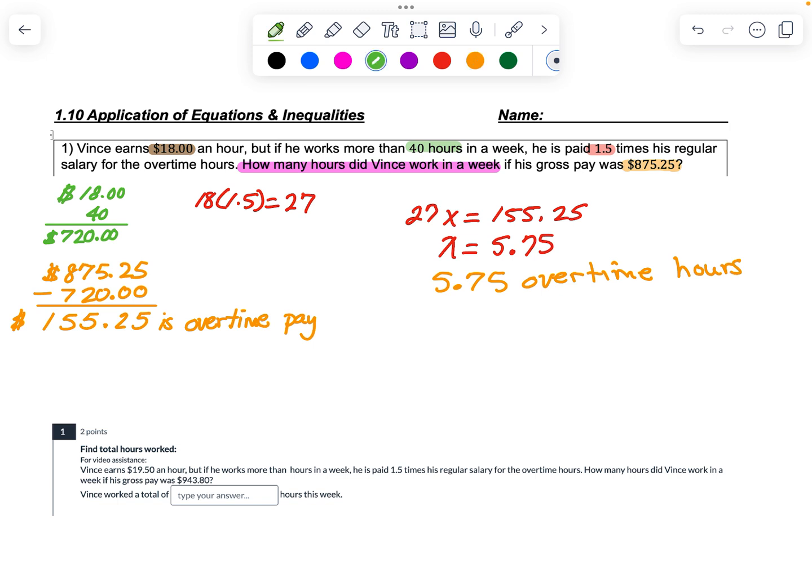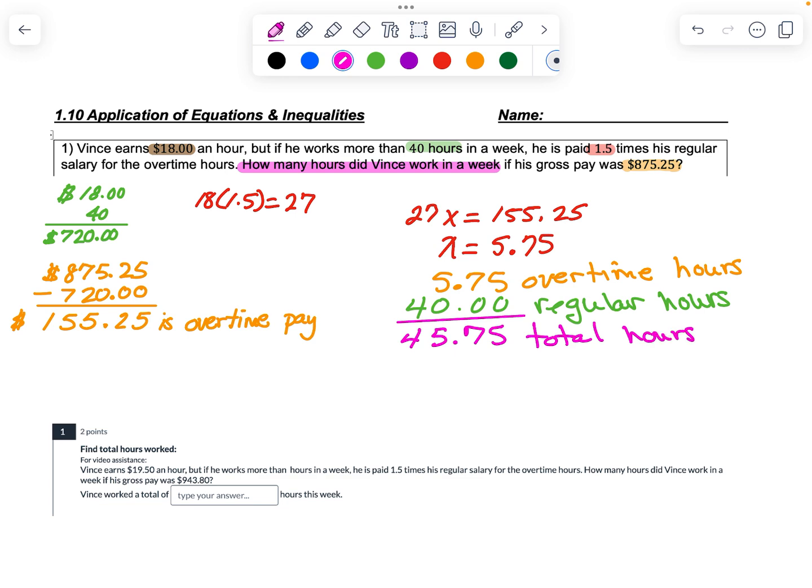And we know that he had 40 regular hours. So 45.75 total hours is how I would do that.